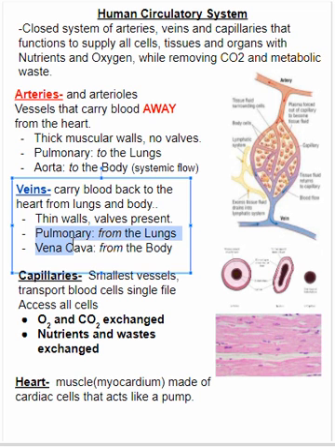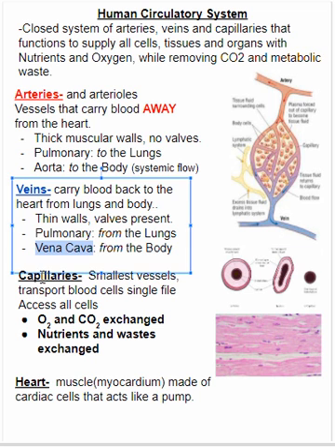There are two main types of veins that lead into the heart. There's the pulmonary veins. The pulmonary vein leads back from the lungs, and then there is the vena cava. Now there's two of these. There's the superior and the inferior. Superior drains the upper half of the body, and the inferior vena cava drains all the blood from the organs in the lower half of the body.